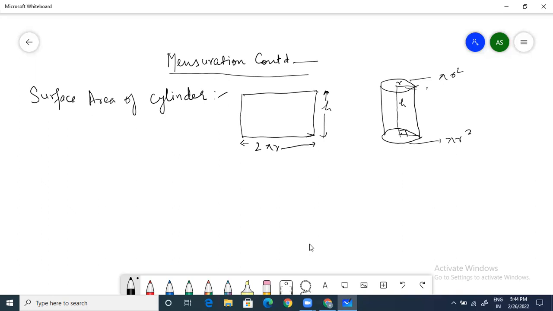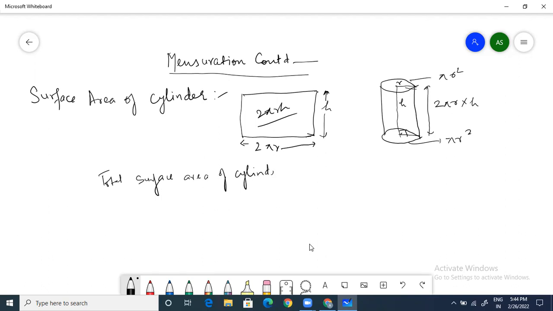We have already found that the area of this paper, the curved surface which transforms into a rectangle, is 2 pi r into h. Because what is the area of a rectangle? Length into breadth. Length is 2 pi r and breadth is h, so it is 2 pi r h. Is this clear, Vidhi? This has to be very clear.